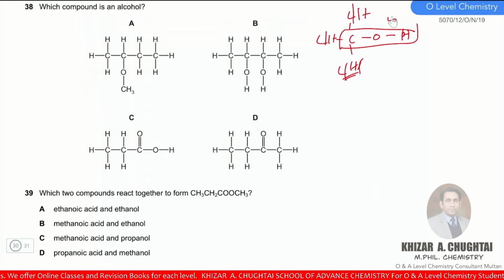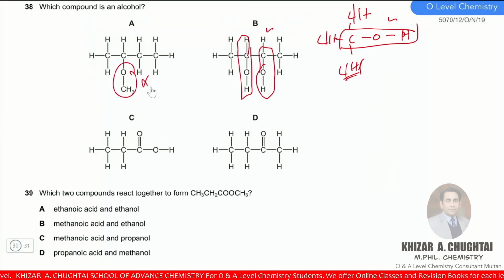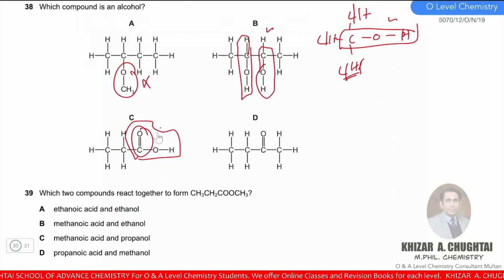This functional group is said to be the alcohol, and B has this sort of group. So yes, B is an alcohol. Another option has no OH group, so it is not an alcohol. One has C double bond O, so it is a carboxylic acid. Once again, it is confirmed that B is the correct option.